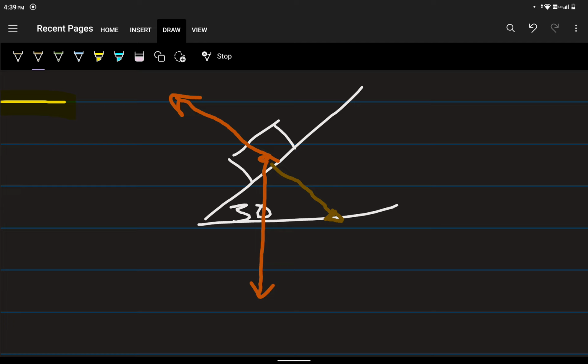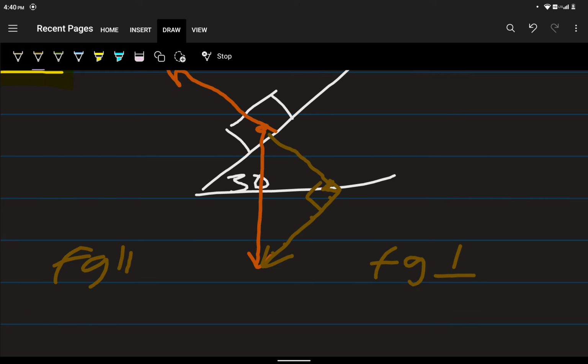And you can find this force by constructing a right angled triangle, where now you have FG parallel and FG perpendicular, and you'll get to understand what this is as we do more examples, okay.